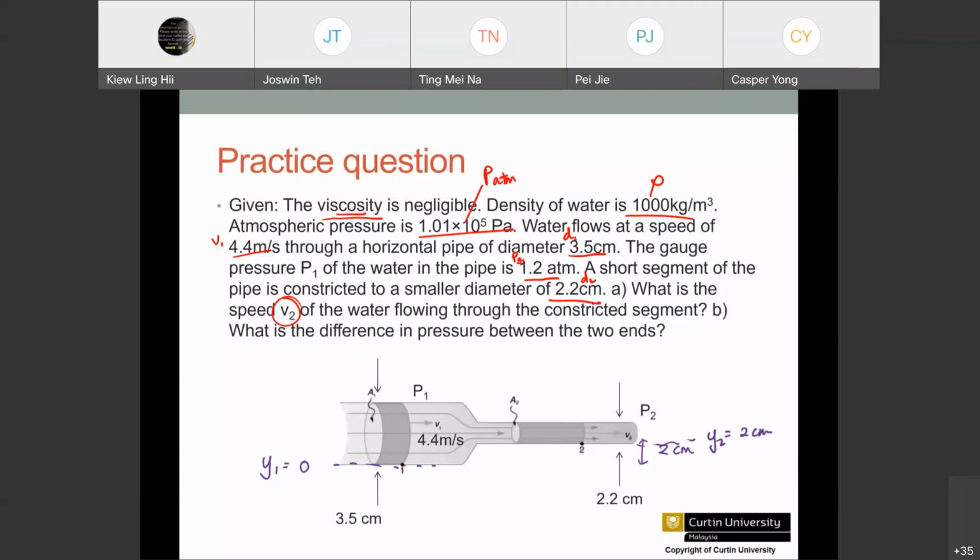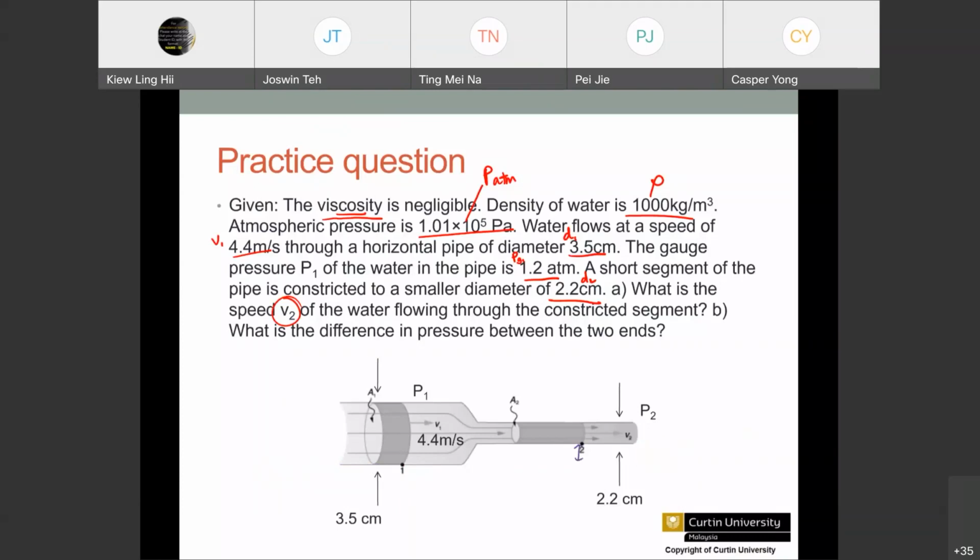For this case, the question is nice to you because it does not give you any information about Y. Based on the picture itself, usually for the Bernoulli principle, there will be a lot of assumptions you have to make.